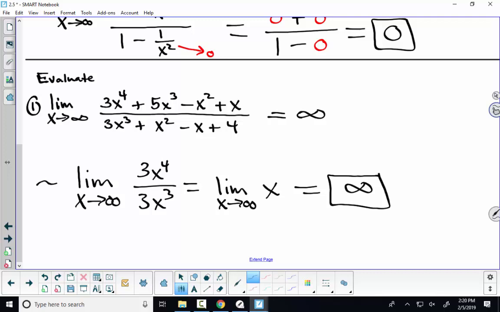Which means way out there, our y values are just growing up and up and up. So here we have no horizontal asymptote because the y values do not approach a finite number.